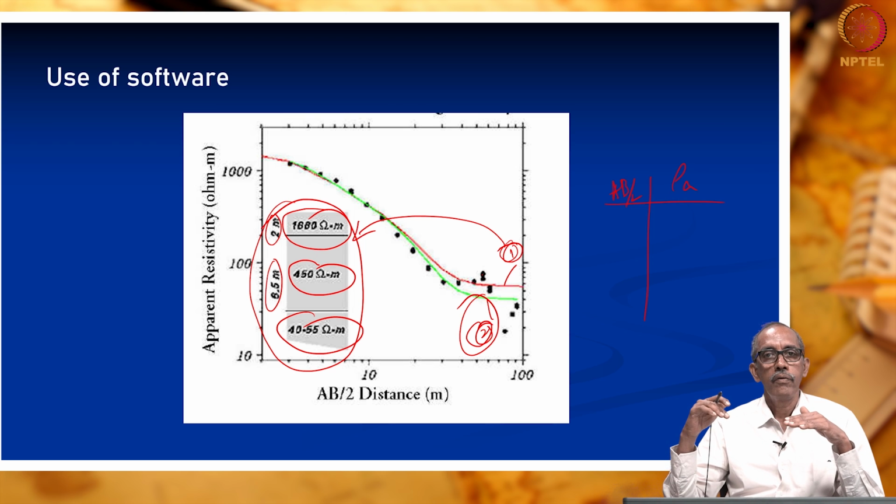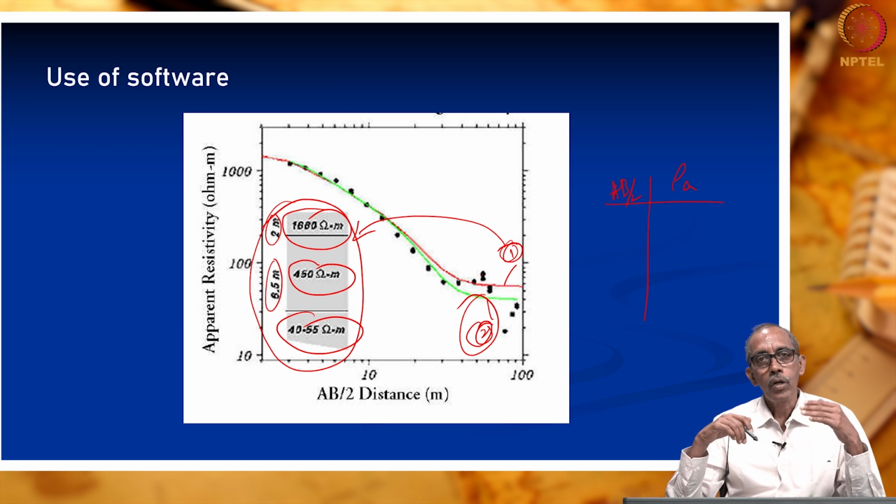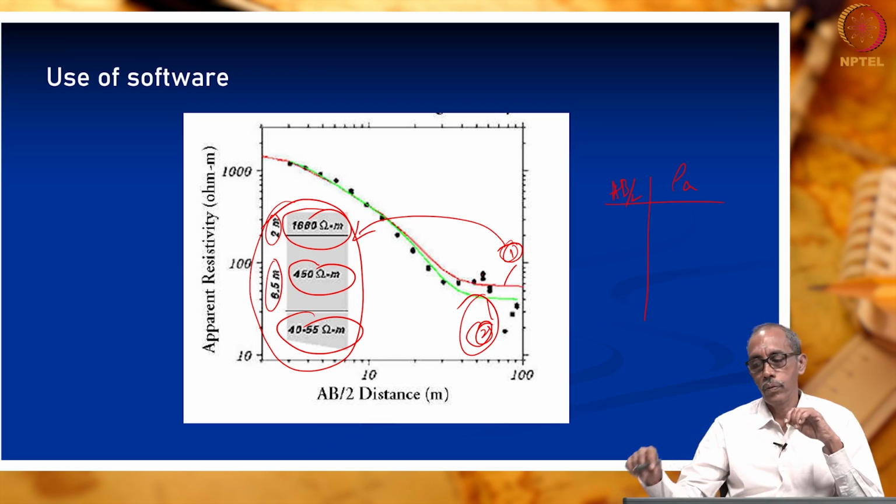These methods we had gone through. Toward the end, we have seen this particular method, in which the interpretation is done automatically using commercially available software. In the next class, we will continue to look into some more details on the electrical resistivity methods. Thank you.